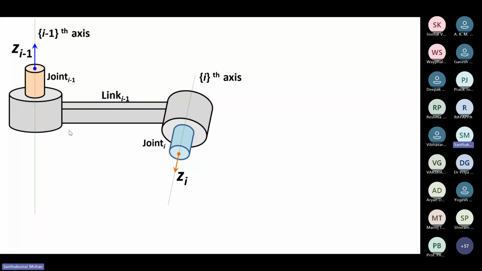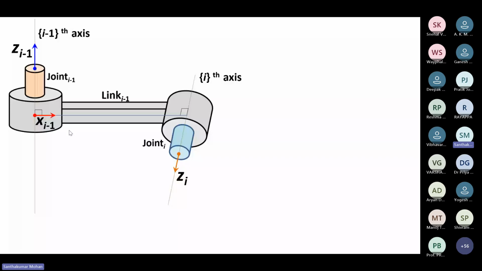So I draw the common normal, and the axis passing through this common normal I call xi-1. The link parameters are always associated with xi-1. The very first one is rotation about xi-1 to make zi-1 parallel to zi.